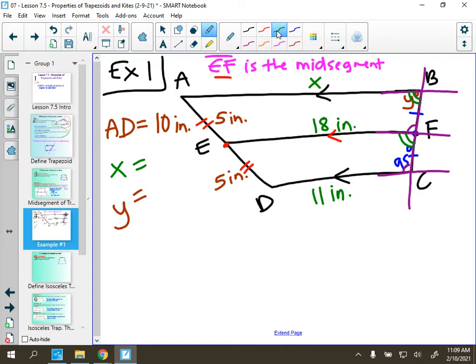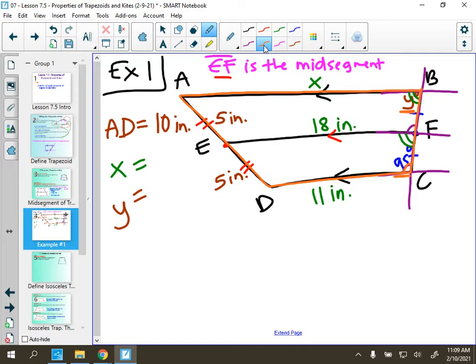So what are we thinking here? If you step back, and maybe I did more work than I had to do, if we just focused on this entire quadrilateral ABCD as one single trapezoid, we could go back to our one property of a trapezoid and say consecutive angles between the bases, so the Y and the 95, have to be supplementary.